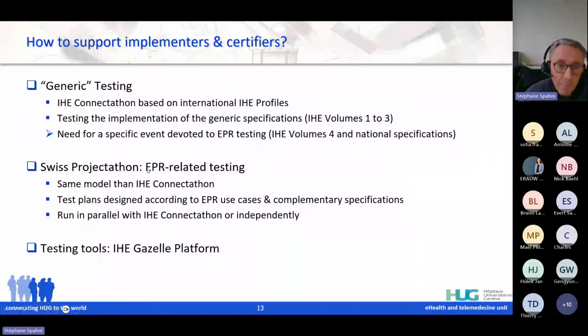But we also have the Swiss Projectathon, where we do the EPR-related testing. Same model as the connectathon, but the test plans are designed according to the EPR use cases and the national complements and the national profiles.